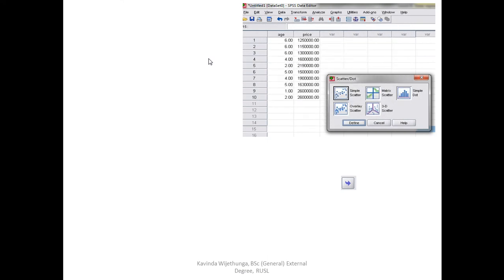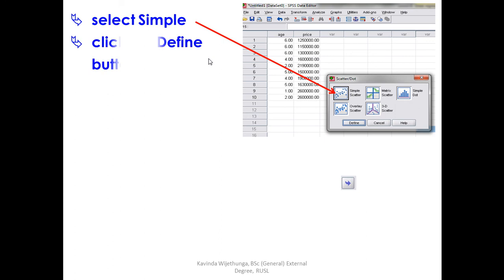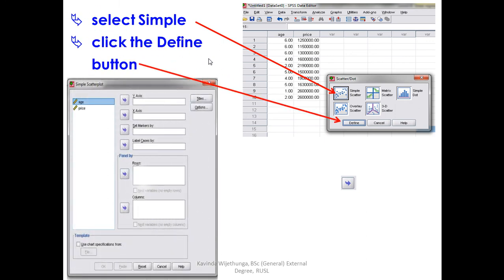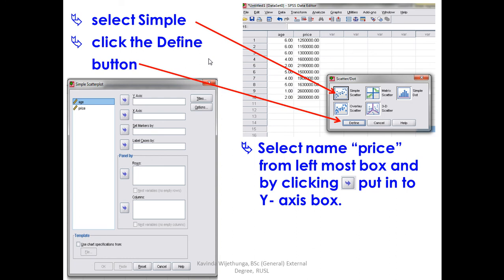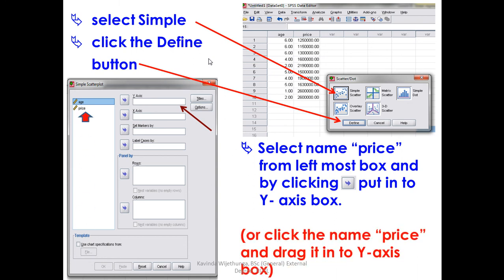Then you can see this window. Select simple and click the define button. Then you can define the y-axis and x-axis: y-axis for the dependent variable, x-axis for the independent variable. So our independent variable is age and dependent variable is price. Select price from the leftmost box by clicking this arrow and put it into the y-axis box, and age for the x-axis.